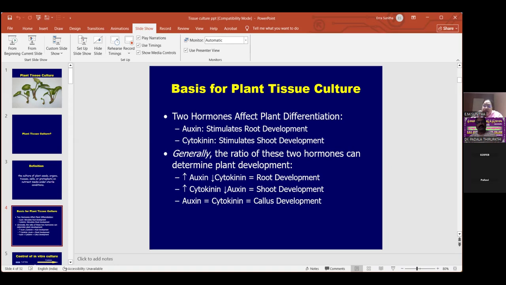Simply giving them micronutrients, macronutrients and sucrose is not enough. It definitely requires certain growth hormones. Those are the very basics of tissue culture.